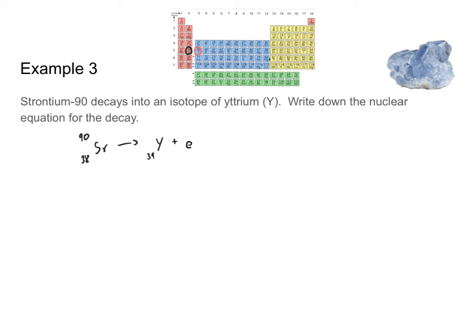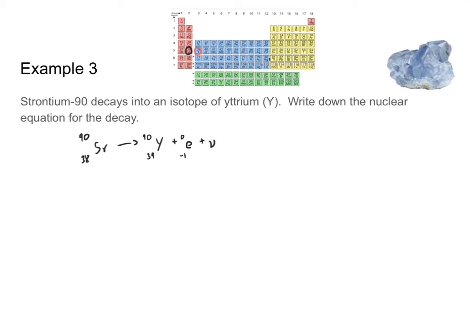And I know this must be negative beta decay because 39 minus 1 is equal to 38. If this had decayed into rubidium, number 37 instead, then we would know that it was positive beta decay. So that means that the yttrium isotope must be yttrium-90, and we also are going to need an electron antineutrino.